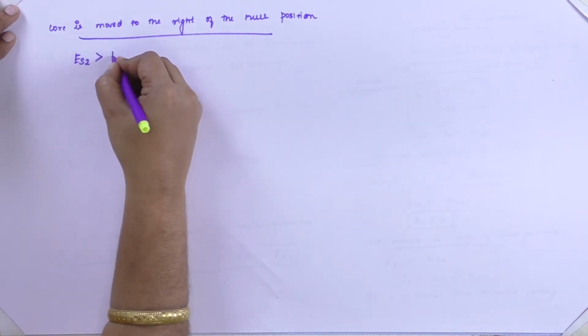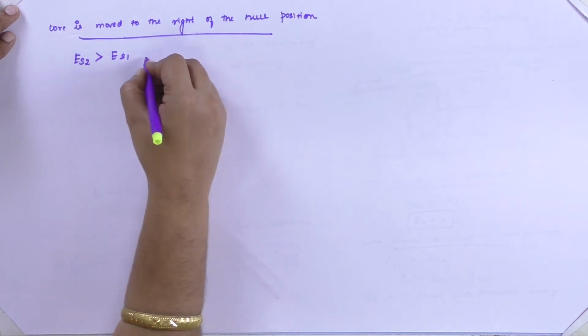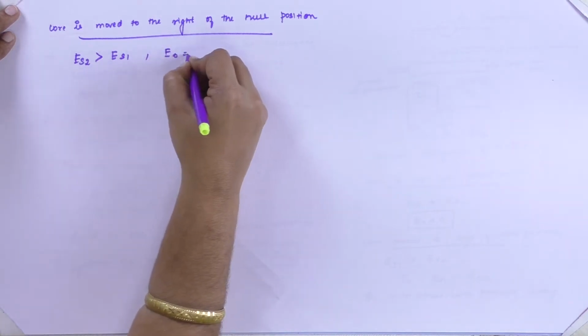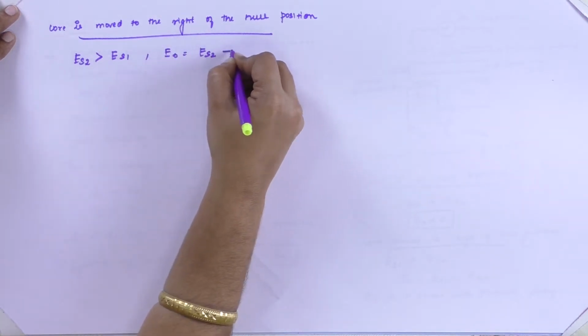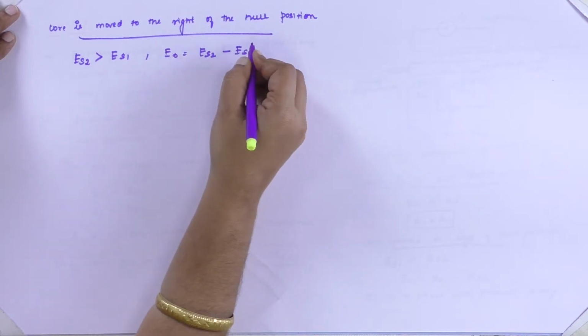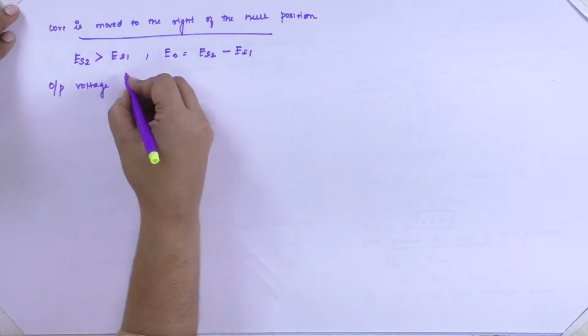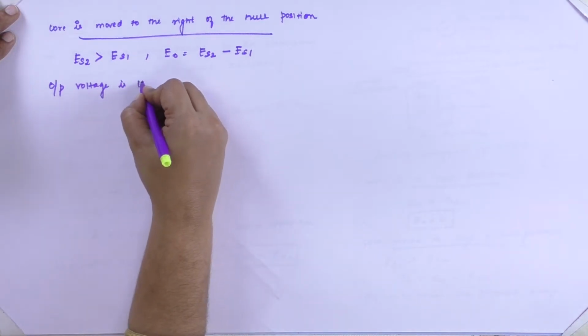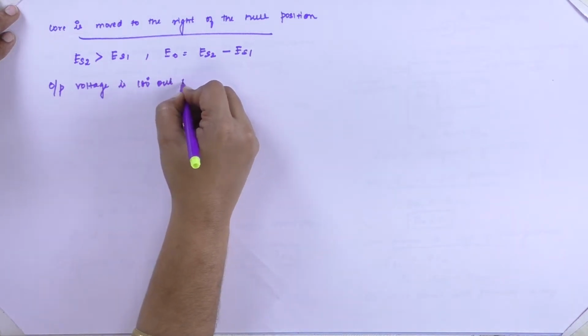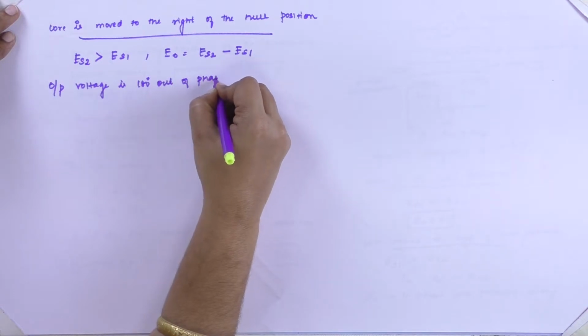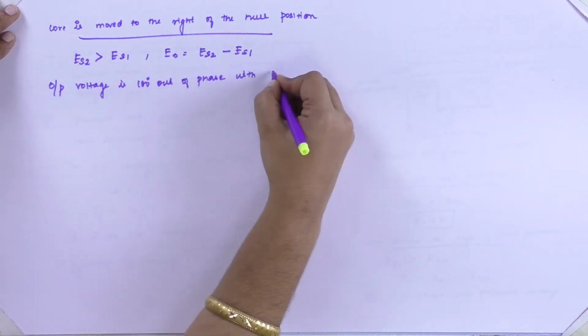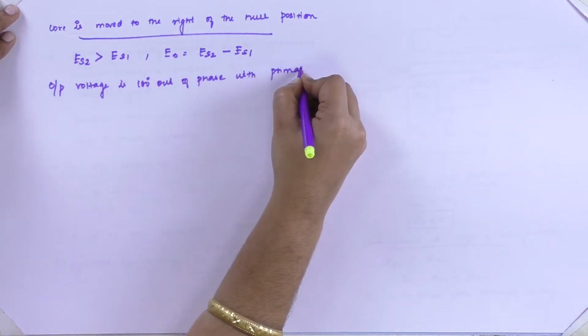So ES2 will be greater than ES1. So the differential voltage E0 will be equal to ES2 minus ES1. So the output voltage is 180 degrees out of phase with the primary voltage.